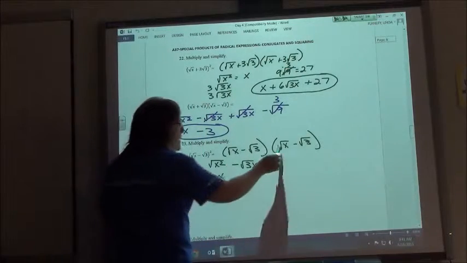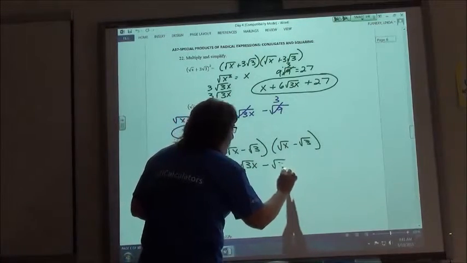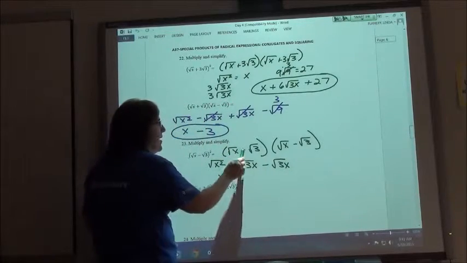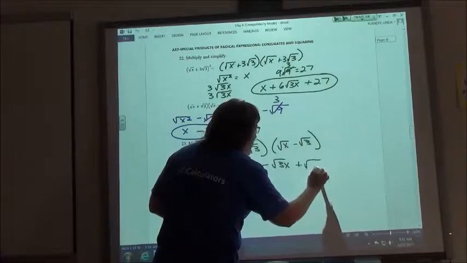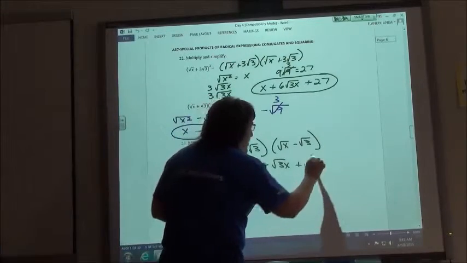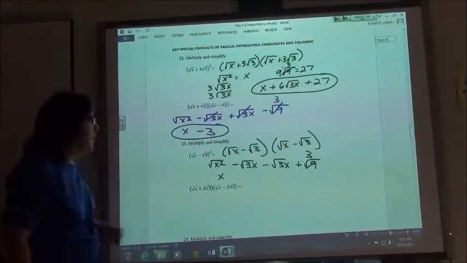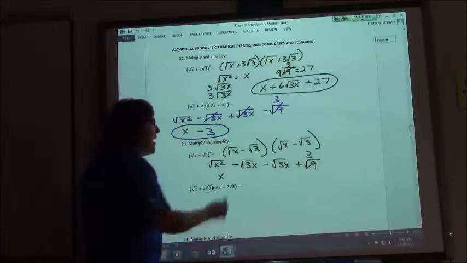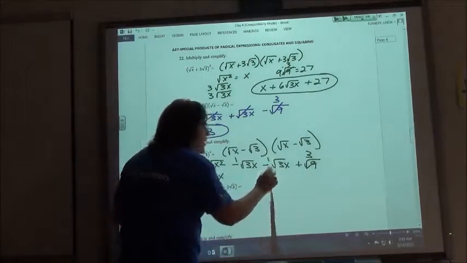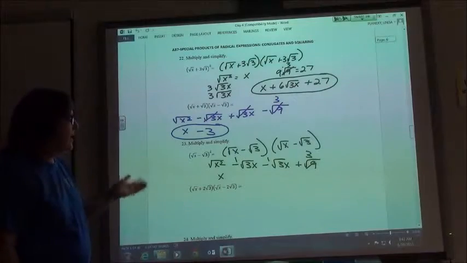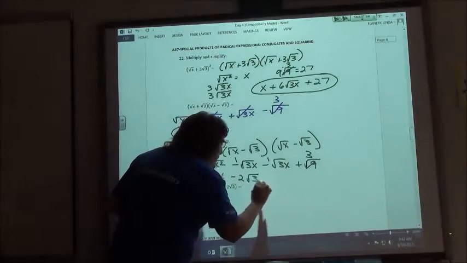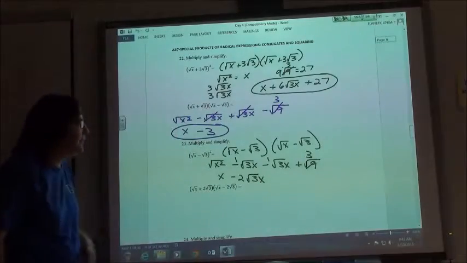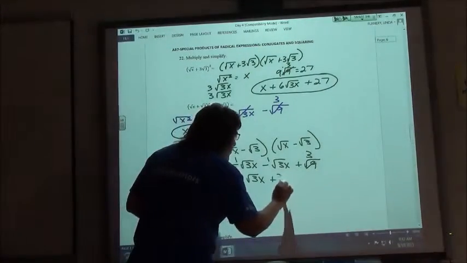Negative square root of 3 times x is another negative square root of 3x. Negative square root of 3 times a negative square root of 3 is a positive square root of 9, which is just plus 3. For my like terms in the middle, I have to think of this as a negative 1 plus another negative 1. Negative 1 plus negative 1 gives me negative 2 square roots of 3x. And then I have that plus 3 that was on the end.